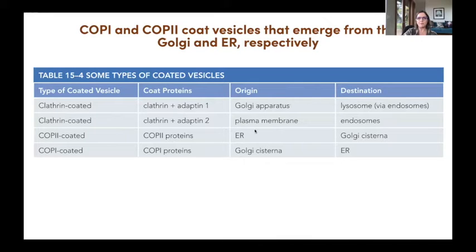But vesicles that bud from the ER and are targeted to the Golgi, or vice versa, that go from the Golgi to the ER, which is called retrograde transport, are coated by a different set of proteins called COPI and COPII. And that is all I'm going to say about those, and literally all I know about them. So feel free to read further, but that's all I expect you to know.